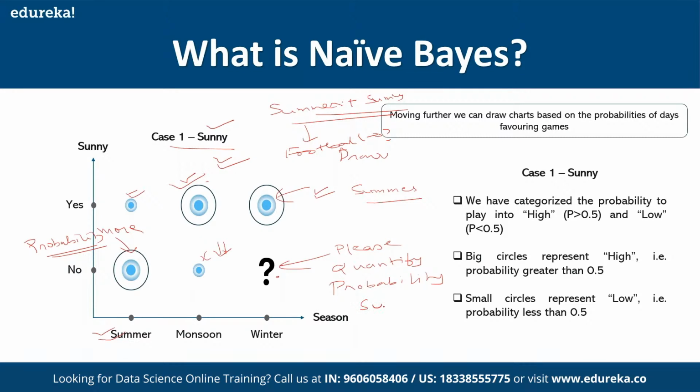That it is sunny and it is winter time. As a data scientist, I am asking all of you, please quantify for me what is the probability of no, given the weather conditions are sunny and winter? This is the question you need to answer.